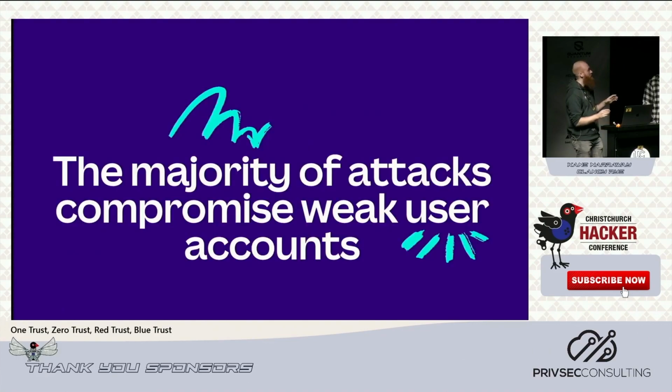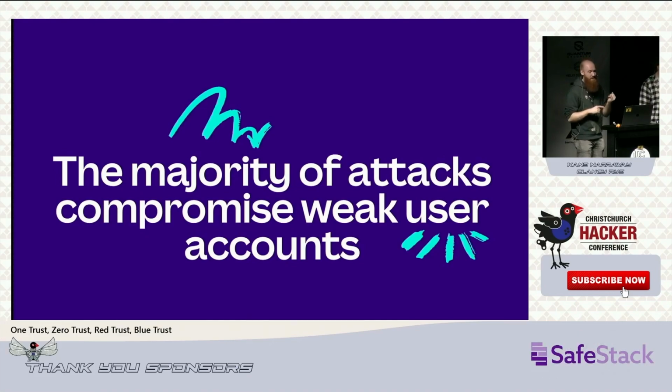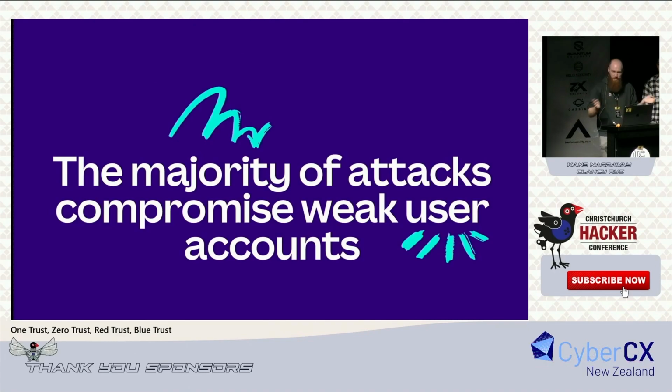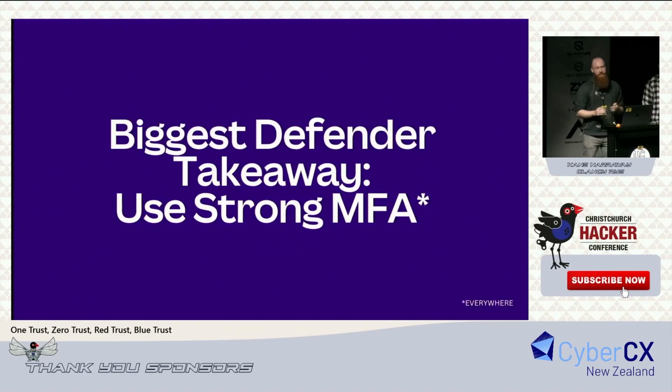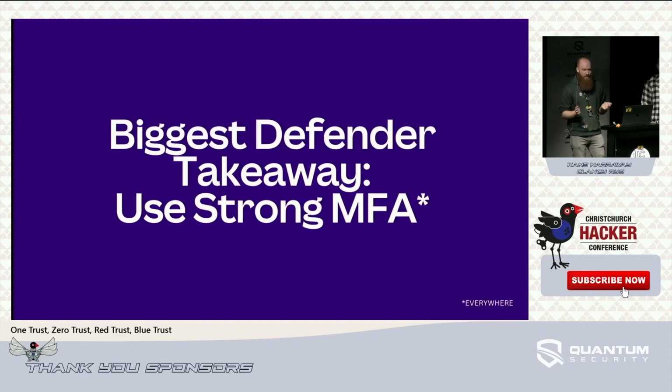And I think even just looking for examples where these attacks were used, it was really hard. Almost every attack was either phishing credentials or phishing with some sort of OTP stealing. And so I think the majority of attacks are compromising weak user accounts and doing cred stuffing still. And so I think the biggest takeaway here is just use strong MFA if you can.